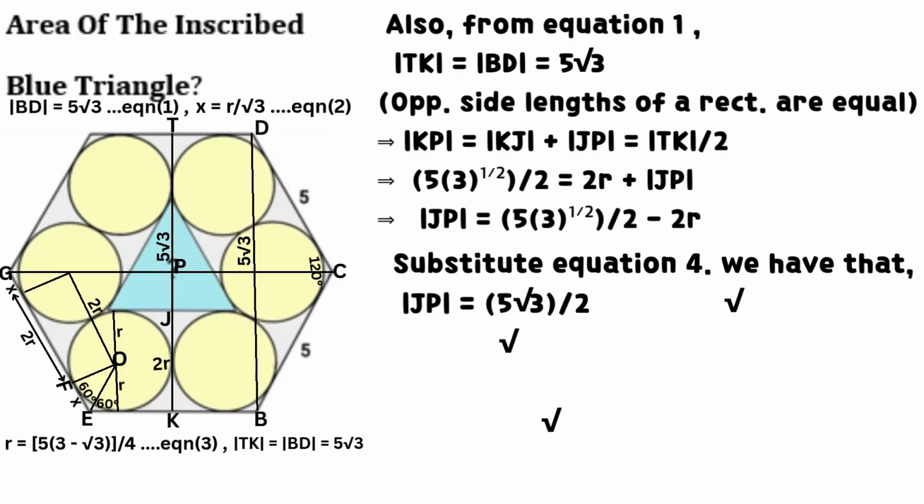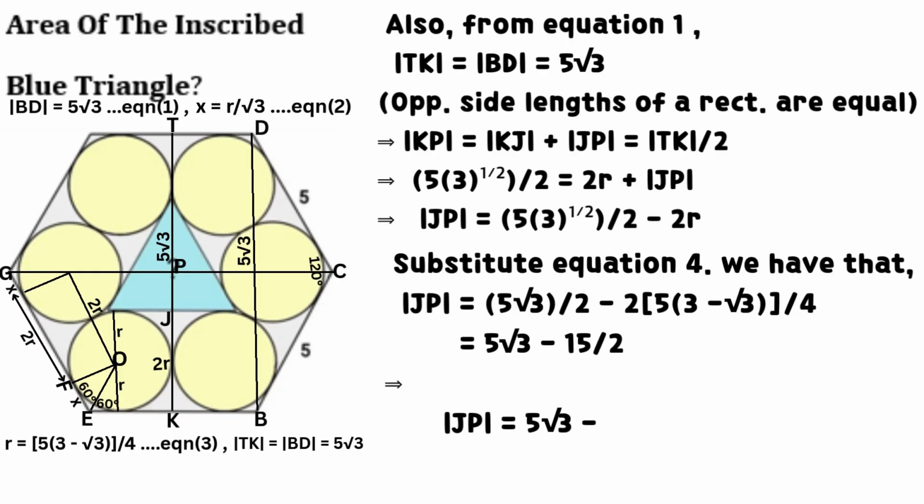Substitute equation 4. We have that line JP equals half of 5 times the square root of 3 minus 1/4 of 2 times (5 times 3 minus 5 times the square root of 3), which equals 5 times the square root of 3 minus half of 15, as shown on the screen.